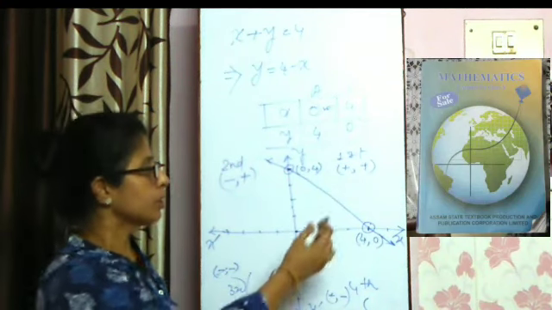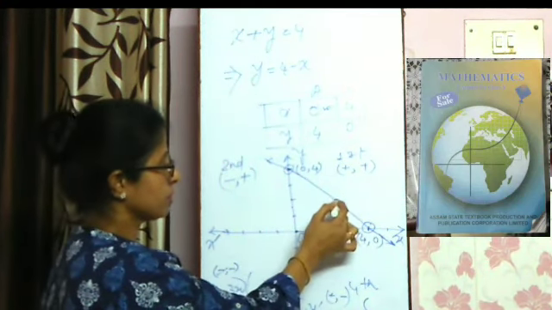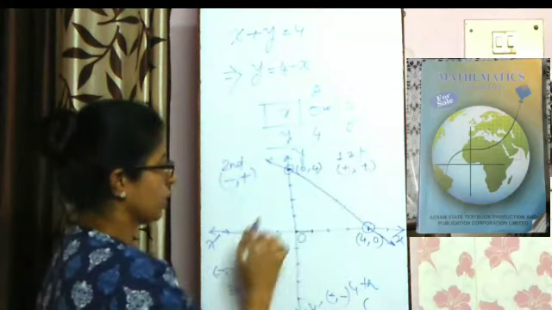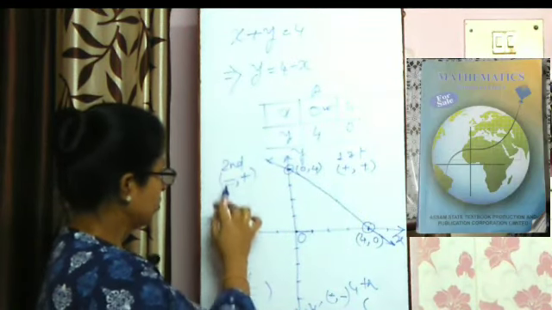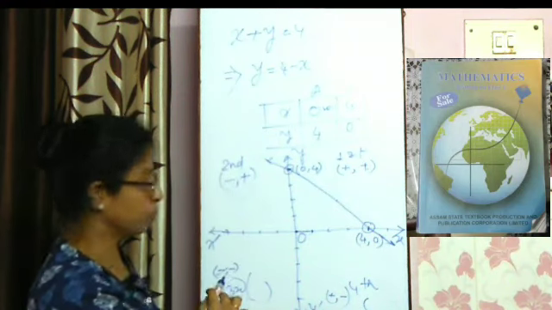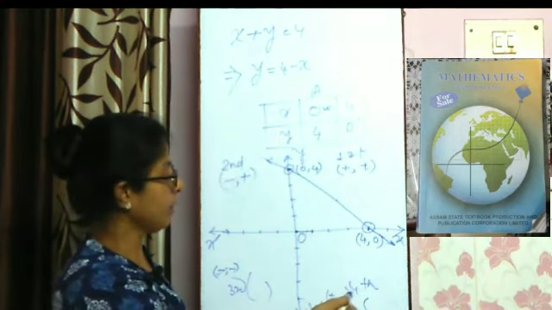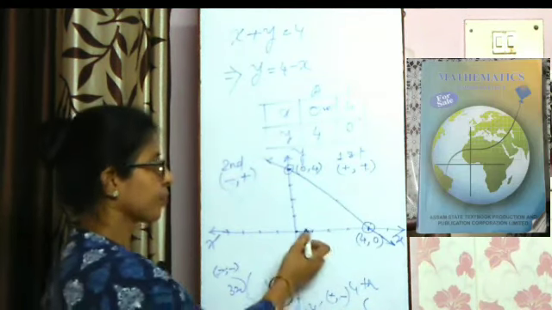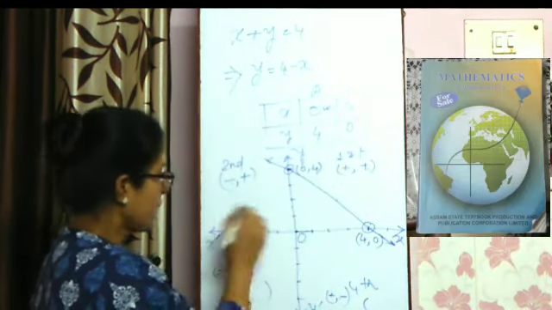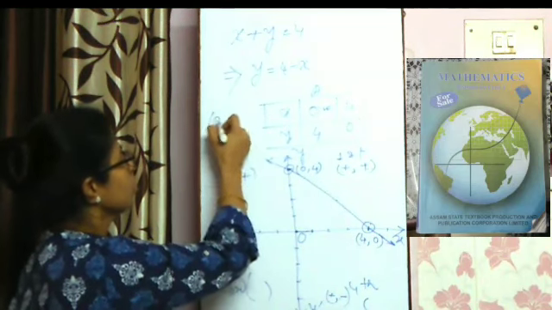And finally, we have noticed that in the first quadrant both values are positive, here x negative, y positive, here both negative, and this side x positive, y negative. Suppose any point, 2 and 3.